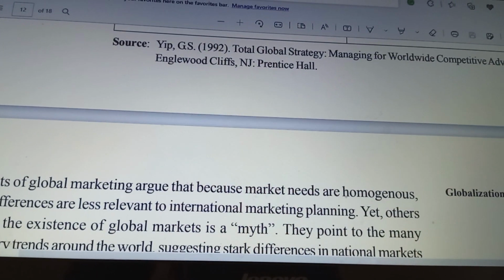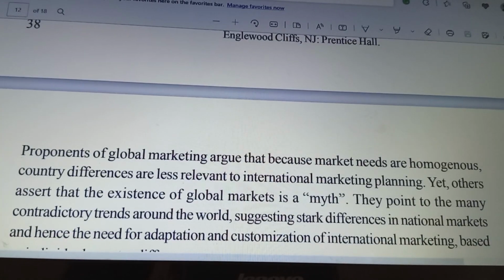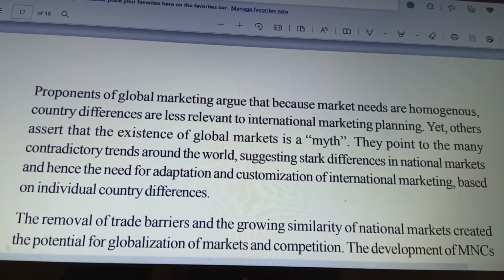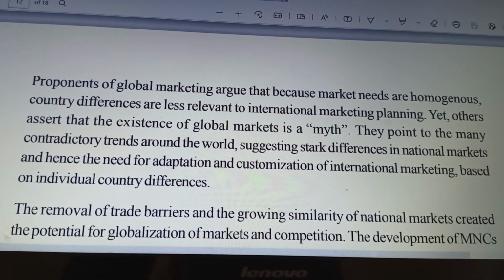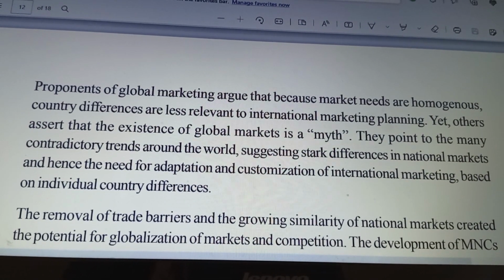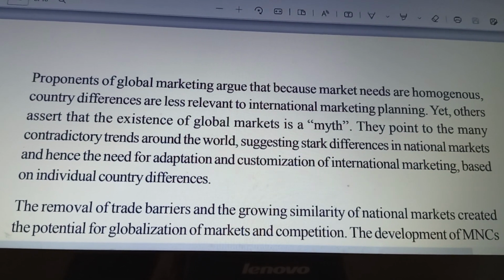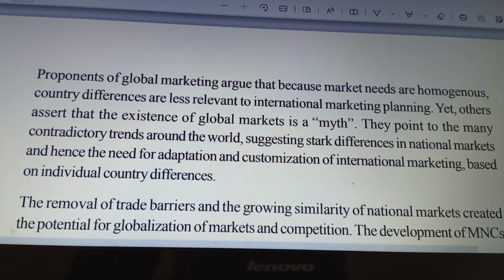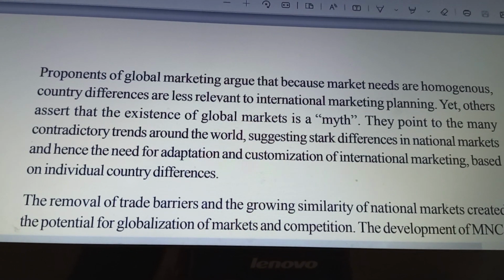Yet others assert that the existence of global markets is a myth. They point to the many contradictory trends around the world, suggesting stark differences in national markets and hence the need for adaptation and customization of international marketing based on individual country differences.